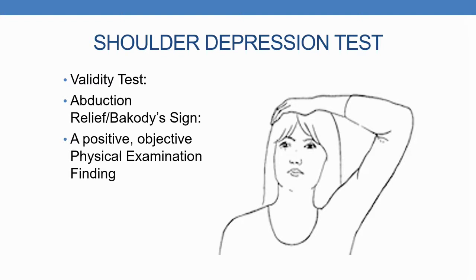And so for those of you that have the PowerPoint presentation, I have a diagram here of a positive Bakody sign. And a positive Bakody sign is considered an objective examination finding, at least according to the authors of the study I quoted in Spine magazine, that this is a positive objective finding which indicates significant cervical radicular compressive disease.